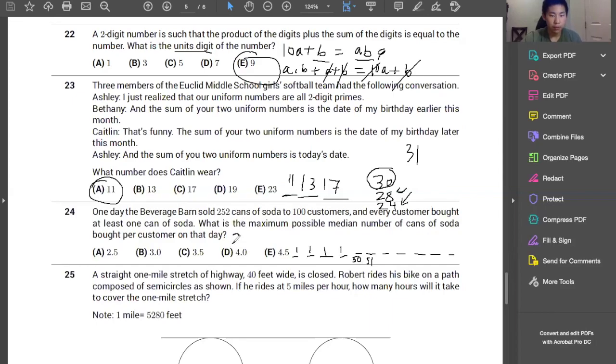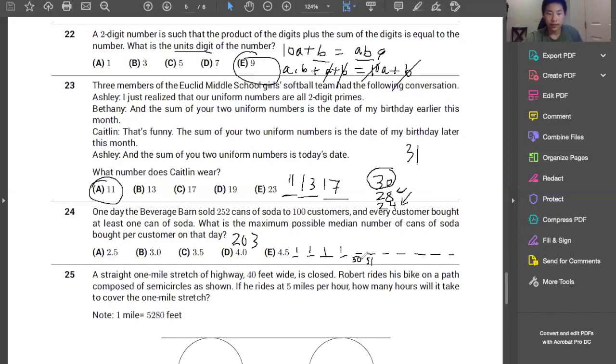So 49 people each having one can would leave us with 203 cans. 252 minus 49. And these 203 cans, we need to split these as evenly as possible among the remaining 51 people.